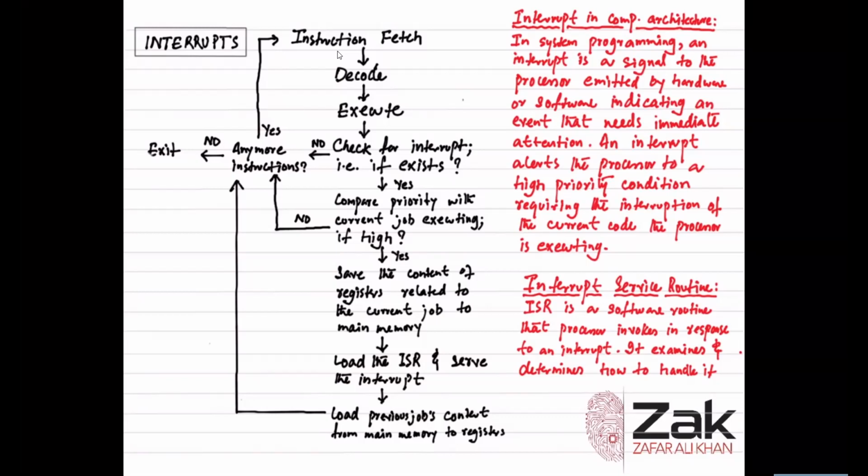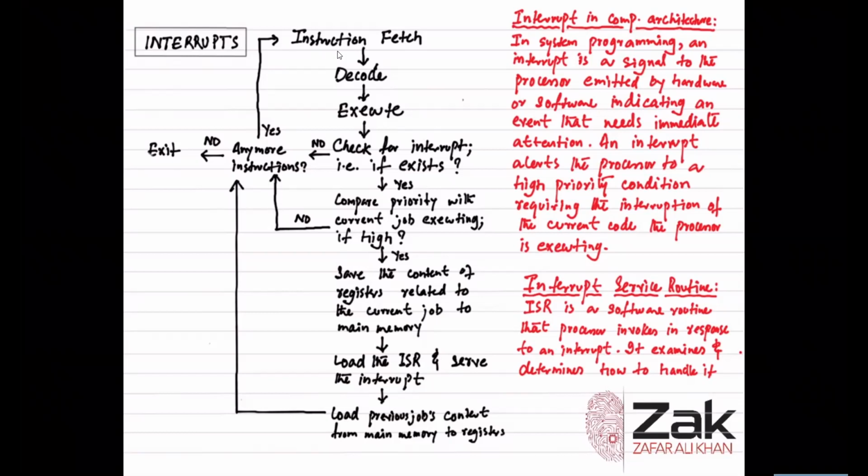So after the execution of every single instruction, the system checks for the interrupt in the interrupt register. If the interrupt is found, it checks the priority of the interrupt against the current program. If the priority of the interrupt is high, then the content of the current program in the registers will be saved to IAS, immediate access store or RAM.